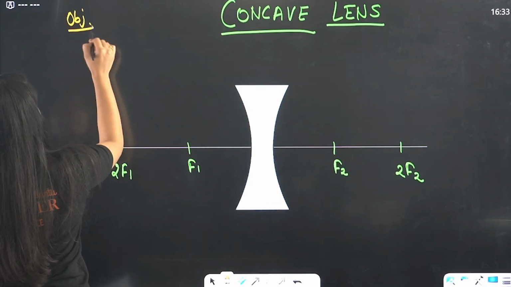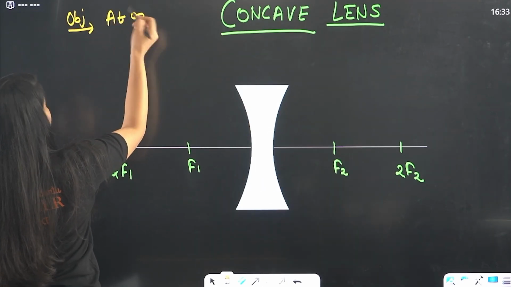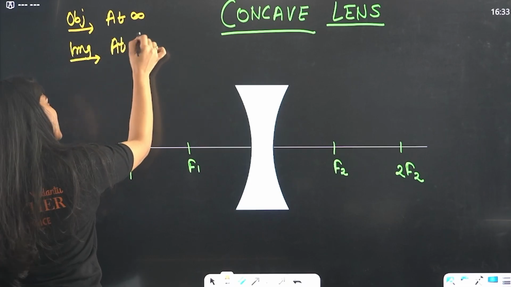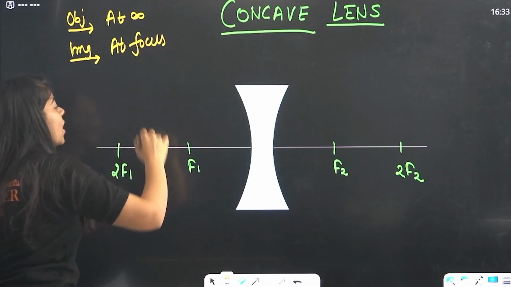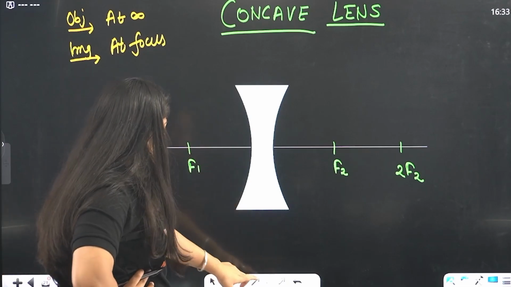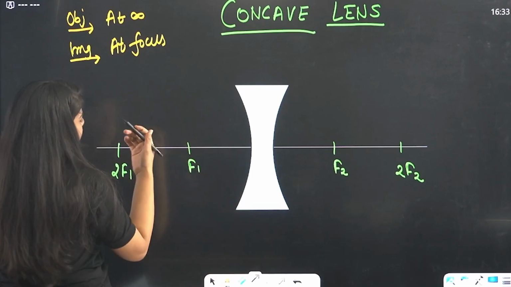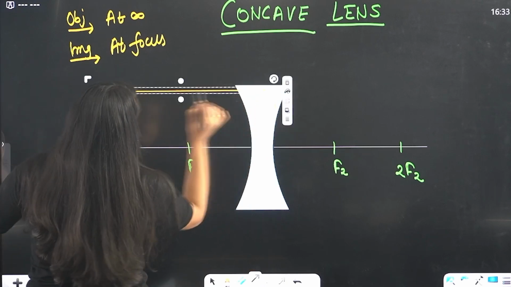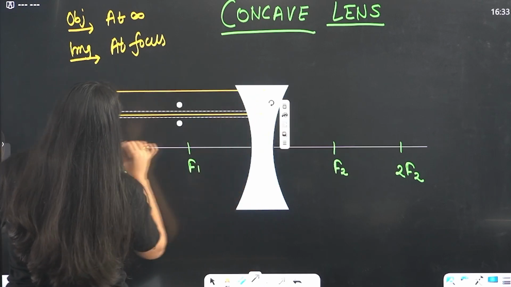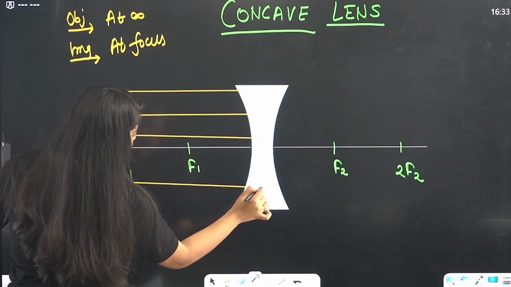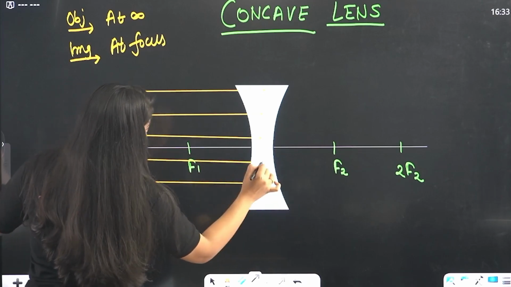First case is object is at infinity. The image will be where? Image will be, ma'am, simply at focus. Exactly, image will be at focus. But here is a little glitch. Not glitch, a twist. The object is at infinity, so all the rays will be coming parallel.